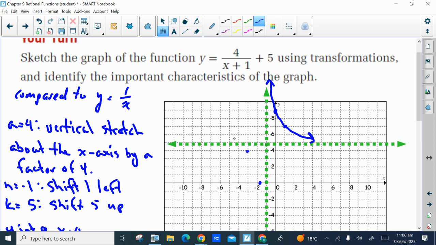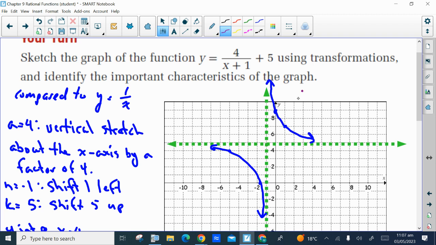Oh, -5, comma 4. I had it in the wrong spot. That's better. -5 plus 1 is -4. 4 divided by -4 is -1. Plus 5 is +4. So this gives us a couple points for the other branch of that graph. Right? And remember, we always have arrows on the ends of our graphs.